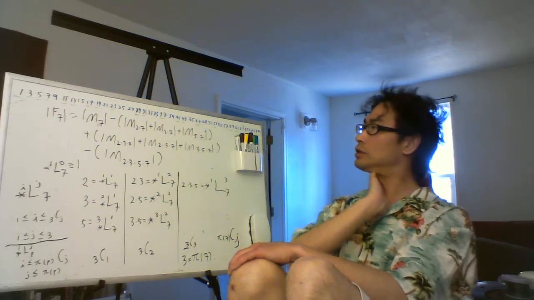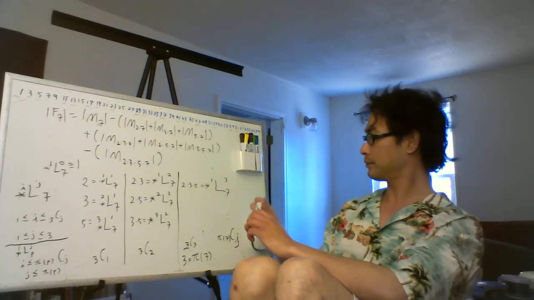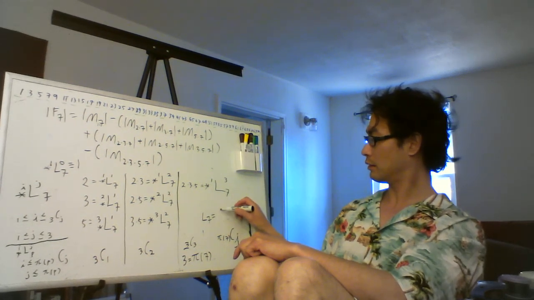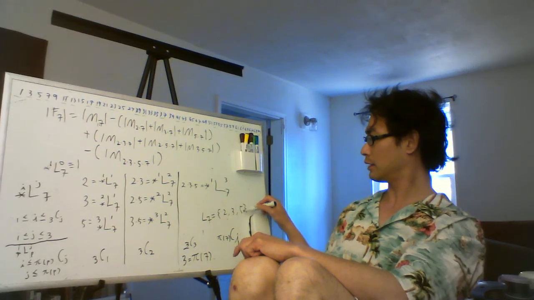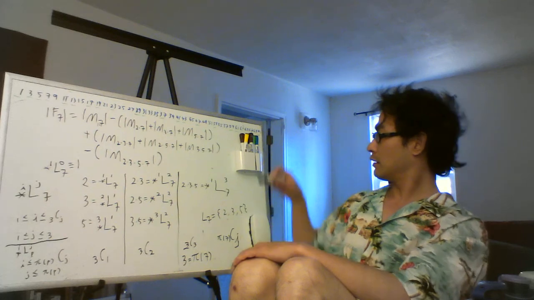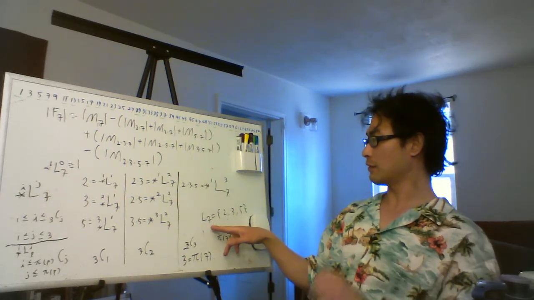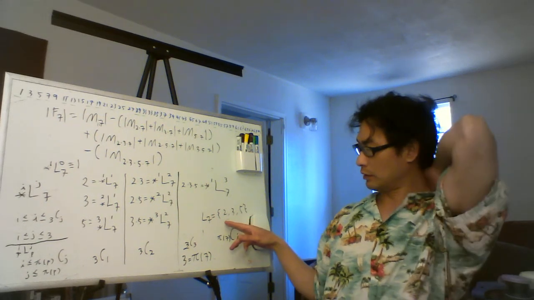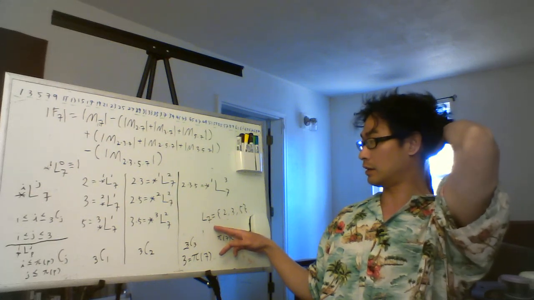L7 set is the set of all primes less than 7, the lesser prime set.